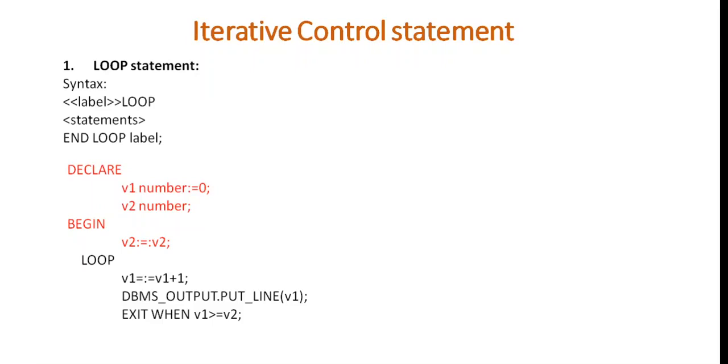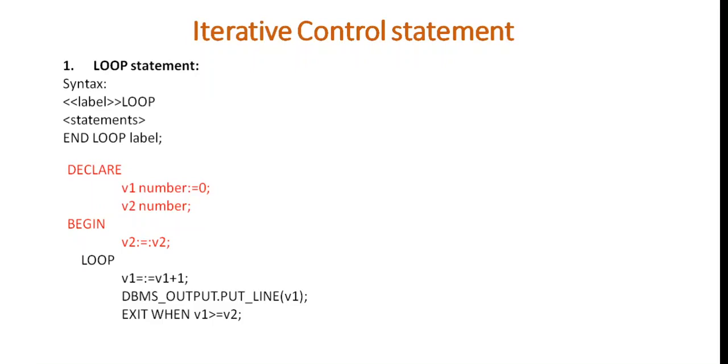If we want to terminate this loop by using some condition, then we use the exit statement, and after exit, by using the when keyword, we give the terminating condition. So here our terminating condition is that if the value of v1 is greater than or equal to the value of v2, then we are going to terminate the loop.